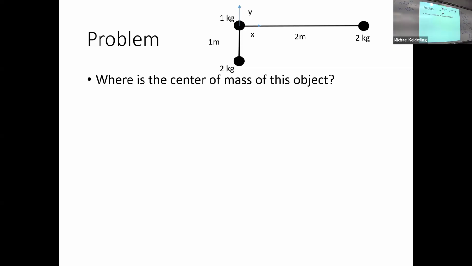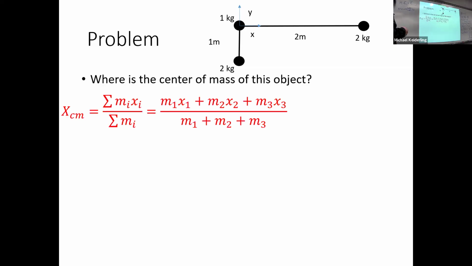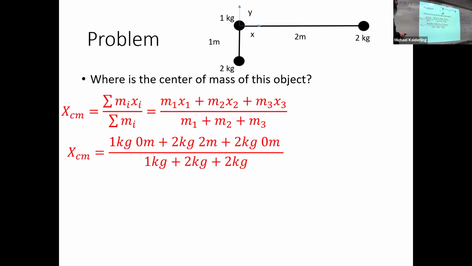Okay, so to find the center of mass, well, X center of mass is going to be the sum of mass times position for each object divided by the sum of all the masses. So mass 1 times x1 plus mass 2 times x2 plus mass 3 times x3, all divided by mass 1 plus mass 2 plus mass 3. So that'll be 1 kilogram times 0 meters plus 2 kilograms times 2 meters plus 2 kilograms times 0 meters.